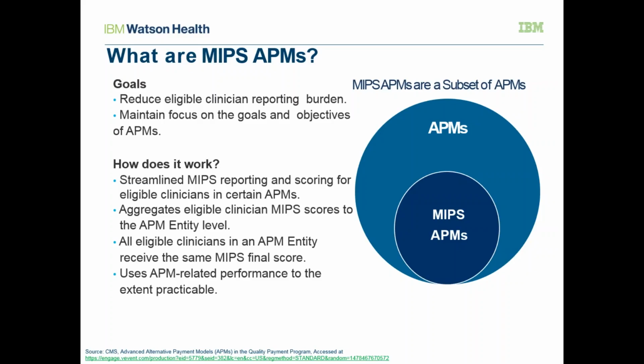So they really have taken a lot of that into consideration as they've developed this regulation. So it's really about keeping the focus on the APMs and then providing that additional incentive. So we're going to be seeing a lot of streamlining on the reporting and how they use that reporting to support the MACRA legislation and have physicians successfully report in. So let's go to the next slide.